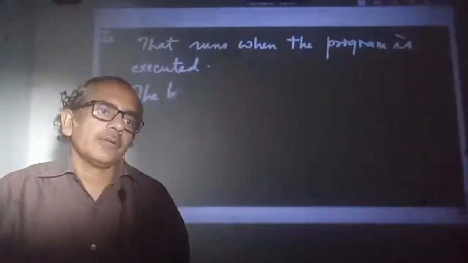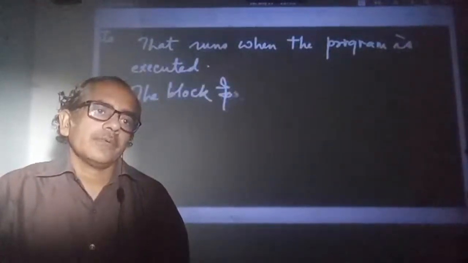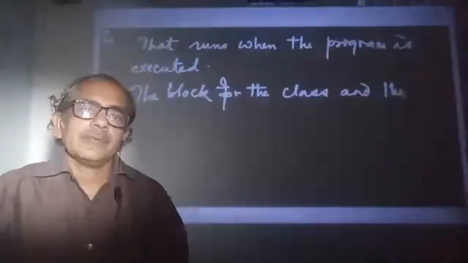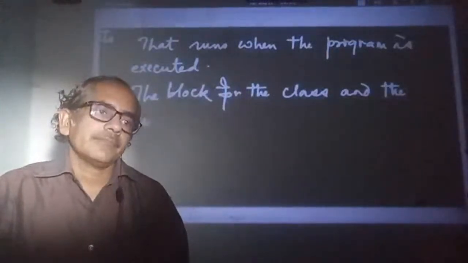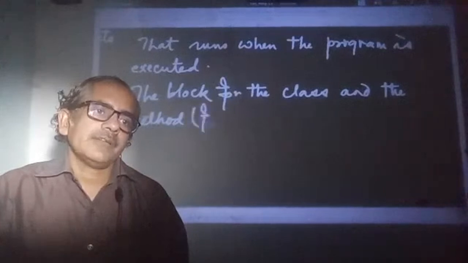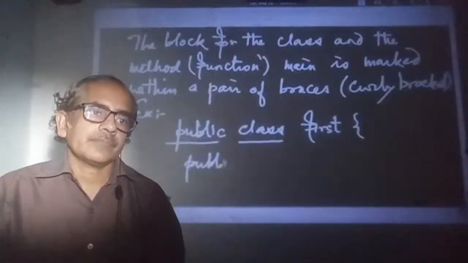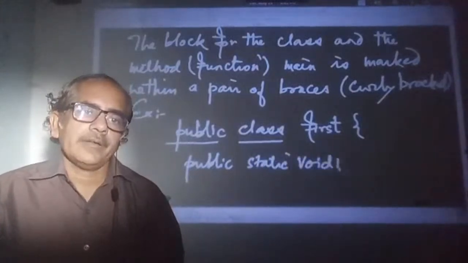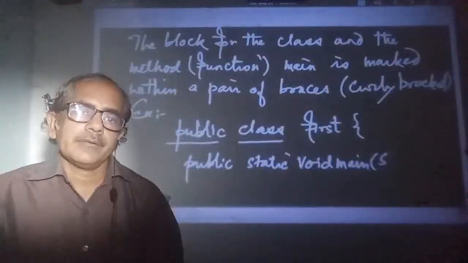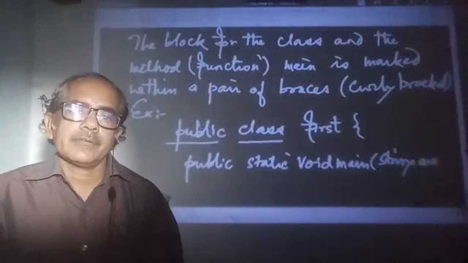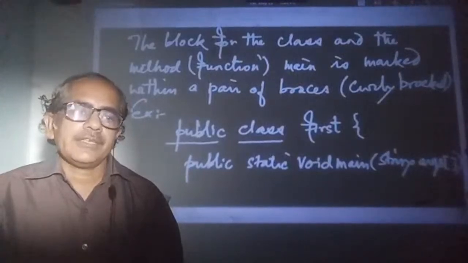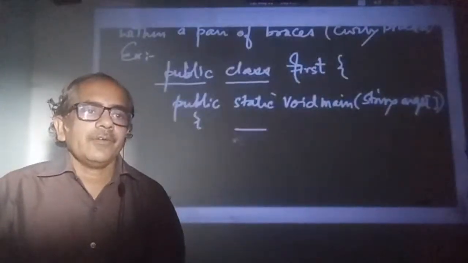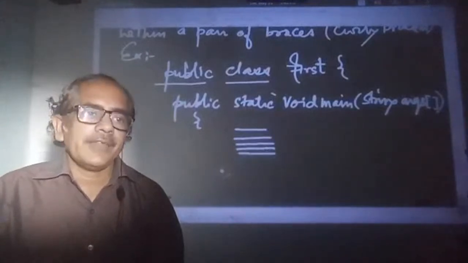The block for the class and the method, इसको फंक्शन भी कहते हैं, public static void main string args, then starting, and then whatever lines you have to write, you will write, and then close this.